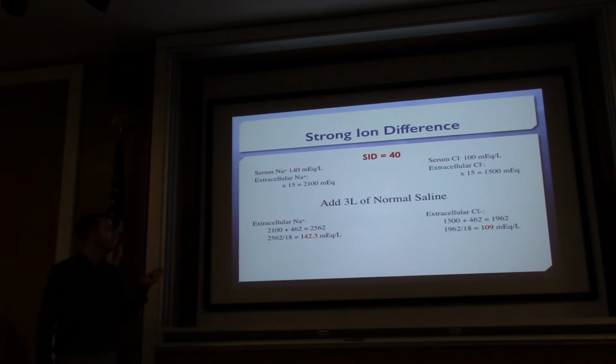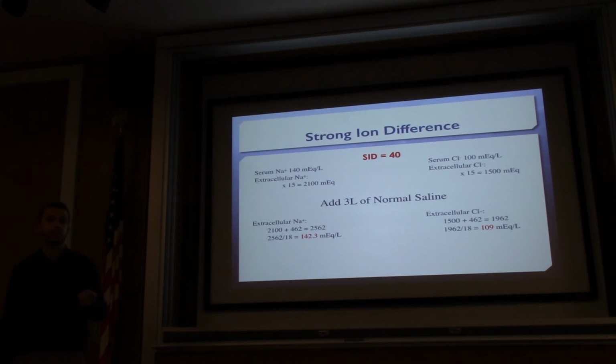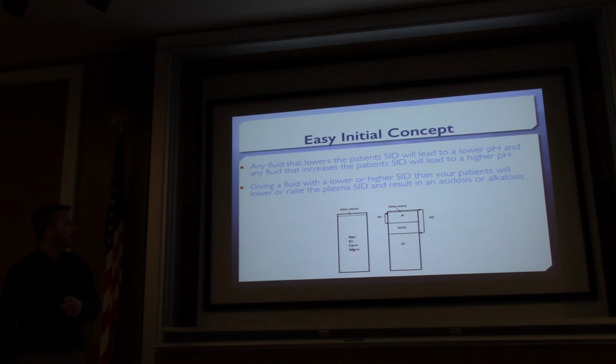That's barely going to increase your sodium, just to 142.3. It's going to significantly increase your chloride from 100 to 109, and you've now changed your SID to 33. So you can see how the more fluid resuscitation you give somebody, the more acidotic you're making them. So it's not benign whenever we're saying, just hang 1 more liter, just hang 1 more liter.